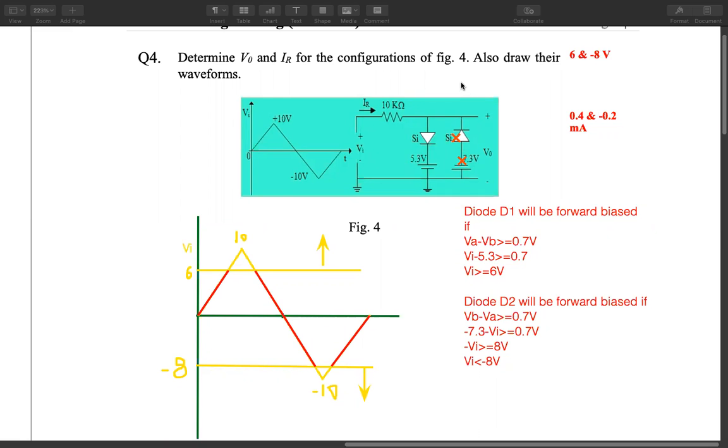If this is forward biased, then simply replace it with its equivalent circuit, which is a battery of 0.7 volt. Now you tell me what should be the output V naught.